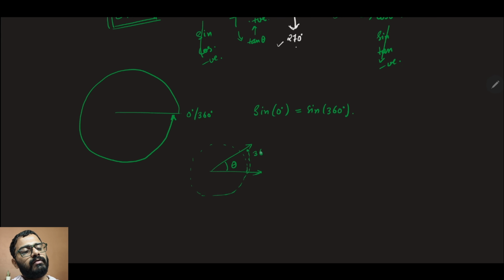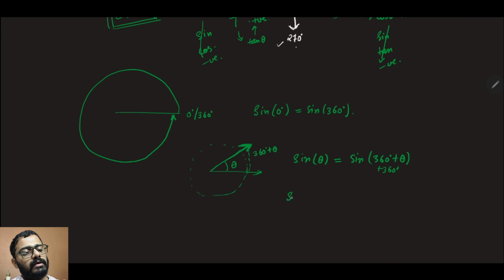You reach the same location here where the theta rotation was there. So now we can write sine of theta is equal to sine of 360 plus theta, right? If you complete one more circle here, that will be plus 360 more, right? So we can generalize this now here.